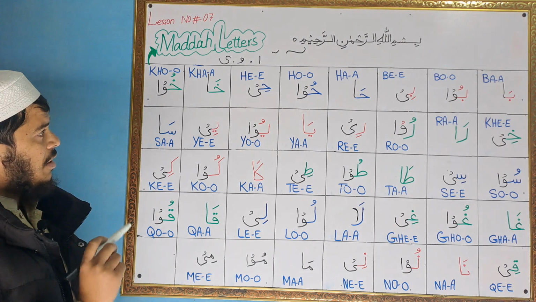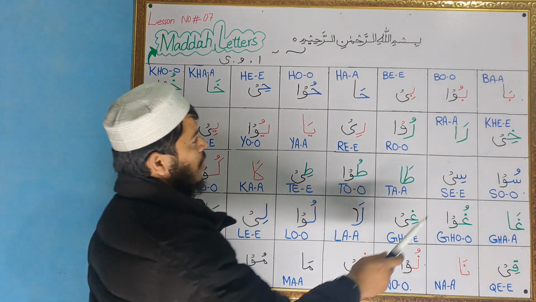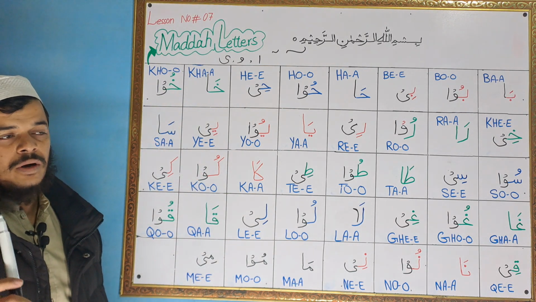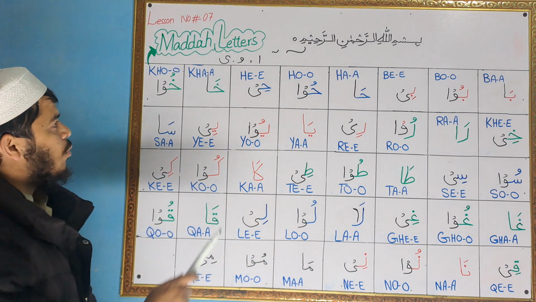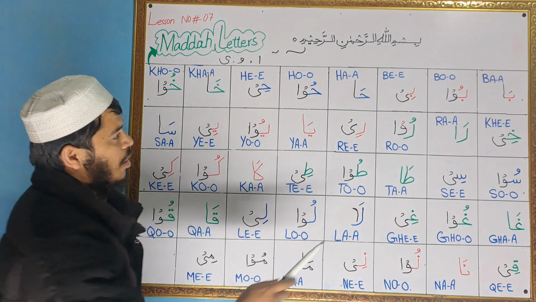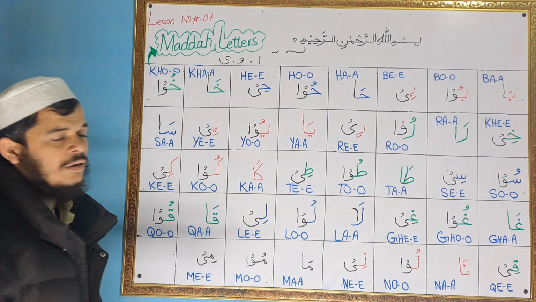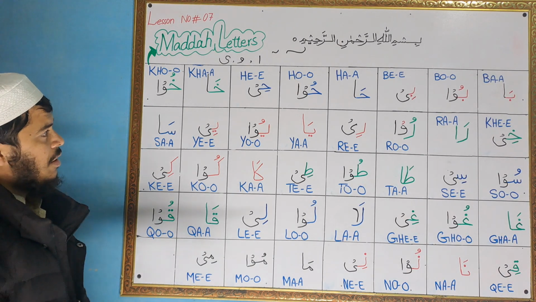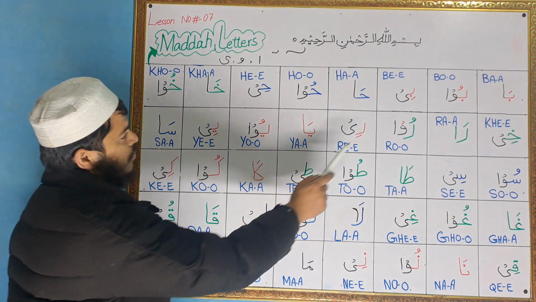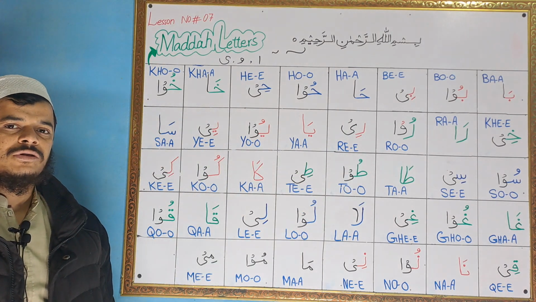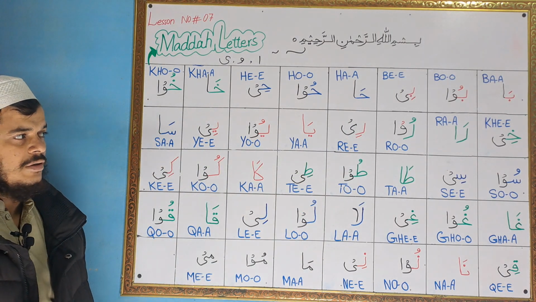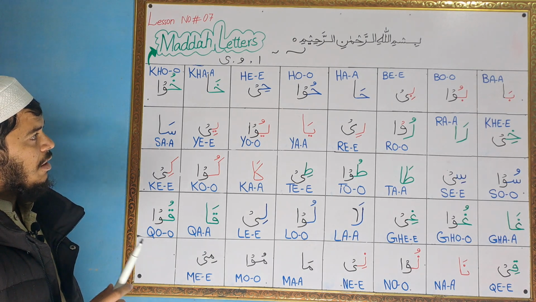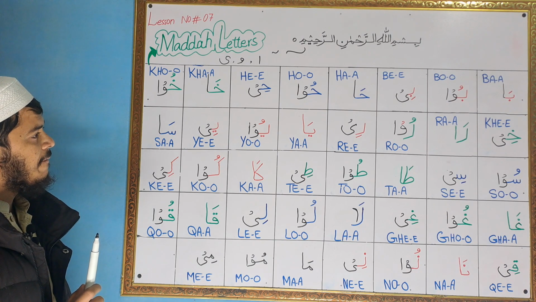So whenever alif comes after a fatha sign, we will stretch the sound for 1 alif, and when waw comes after a dhamma sign, we will stretch the sound for 2 seconds, and when ya comes after a kasra sign, we will stretch the sound for 2 seconds. These are called Maddah letters: alif, waw and ya.